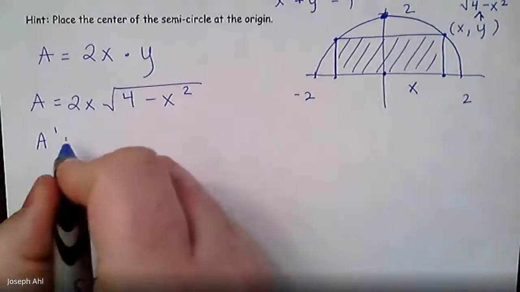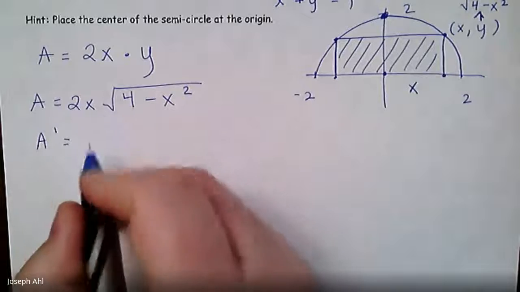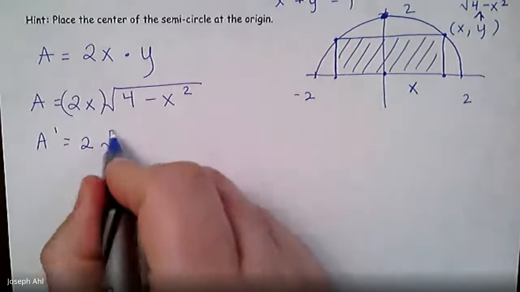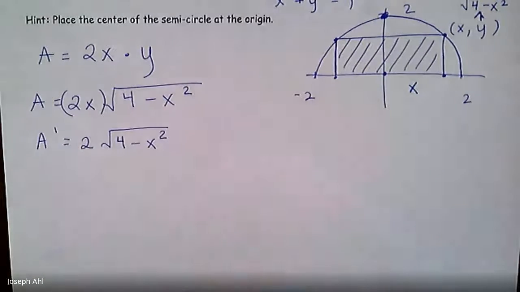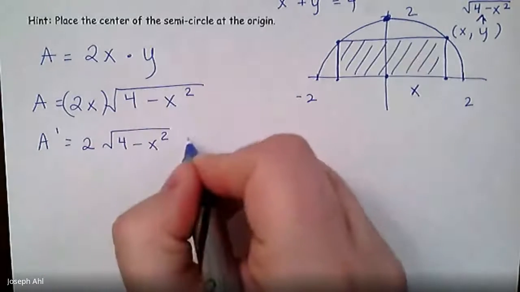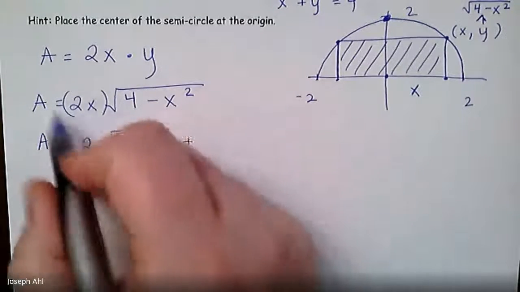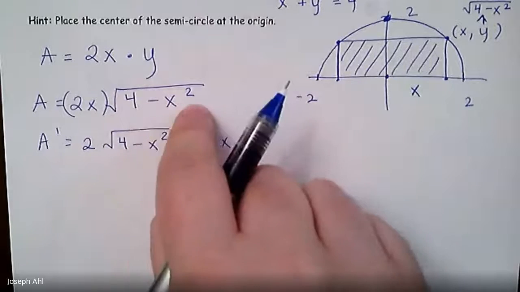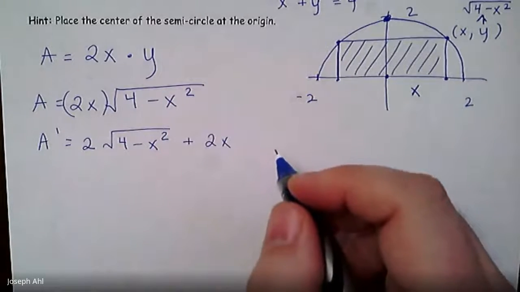The first derivative would be, well, the derivative of the first is 2, right, if we're thinking about product rule, times the second function, square root of 4 minus x squared, plus the derivative of the second times the first function. So it's going to be the first function, 2x, times the derivative of square root of 4 minus x squared.